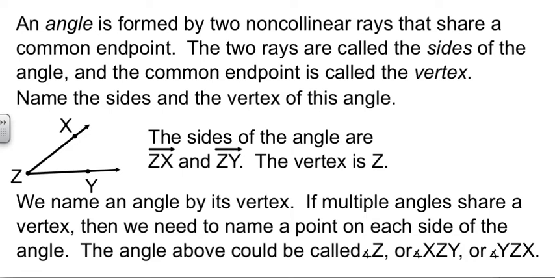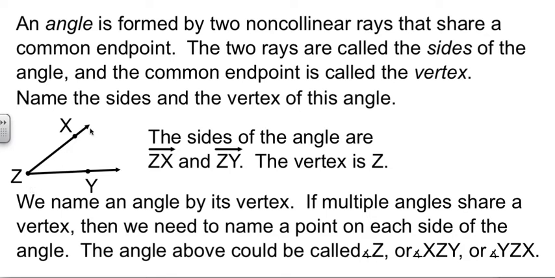There. Now we're good. So the two sides are ray ZX and ray ZY. And the vertex is that common point Z. When we name an angle, we name it using the vertex. So we can call this angle Z.